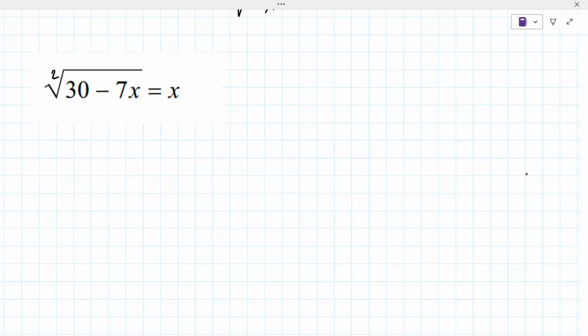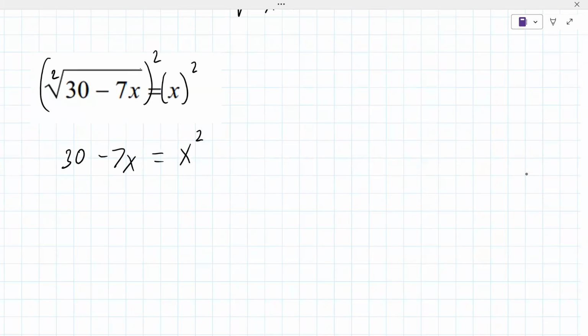Hold on, let me just write this down. What I'm trying to get you to tell me is that you're going to square both sides, because it's the square root.